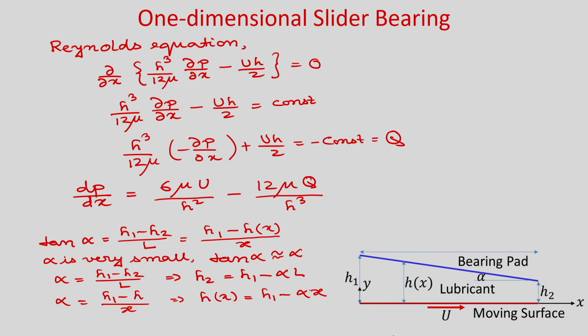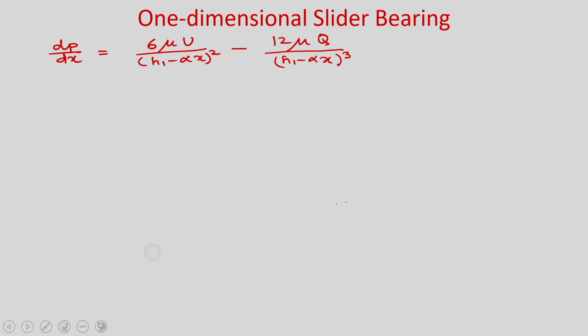So, now let us substitute this h in terms of x, and let us integrate. If you substitute it, you will get dp by dx is equal to 6 mu u divided by h1 minus alpha x whole square minus 12 mu q divided by h1 minus alpha x whole cube.